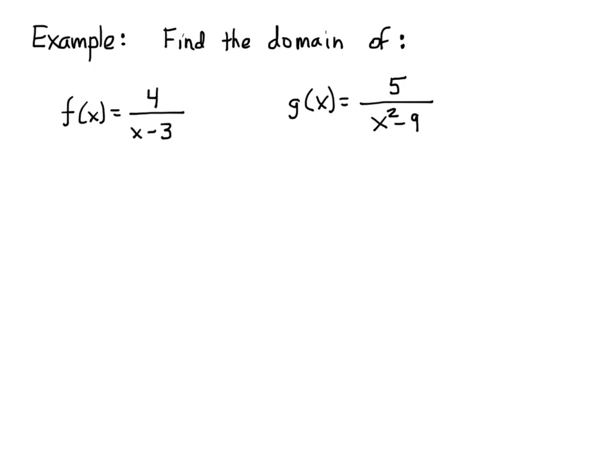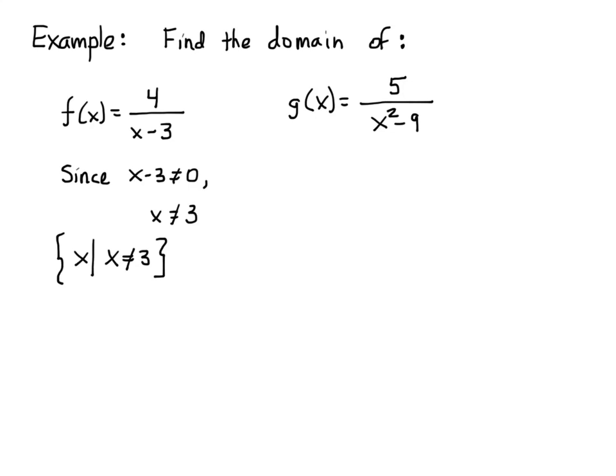However, if we take x equals 3, f at 3 is going to be 4 over 3 minus 3. That's going to be 4 over 0, and that's not defined. So we have to exclude 3 from the domain. Okay, so x minus 3 can't be 0, and so x can't be 3.